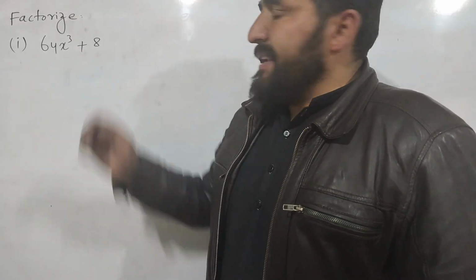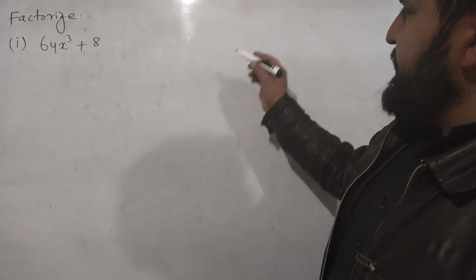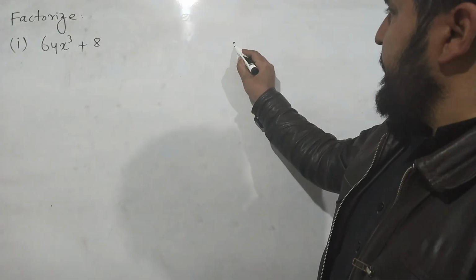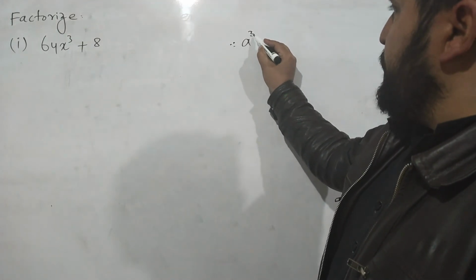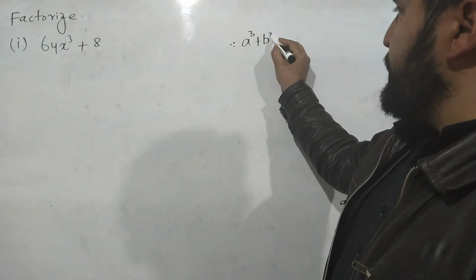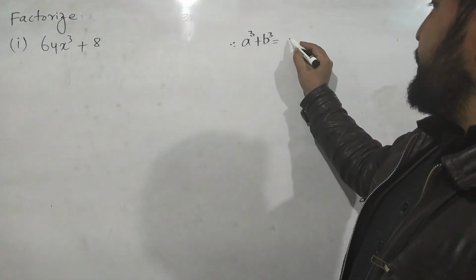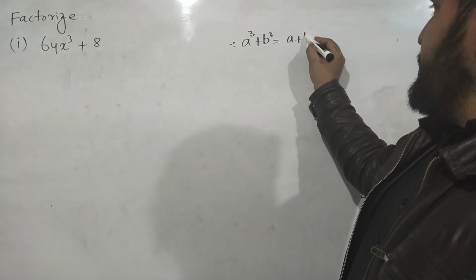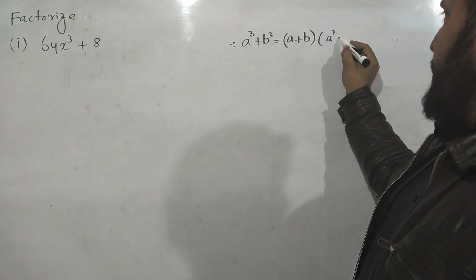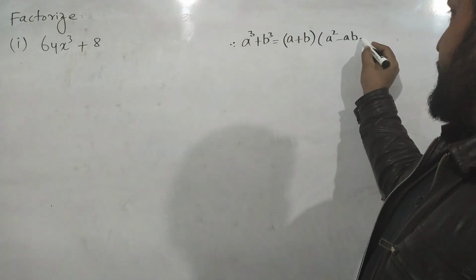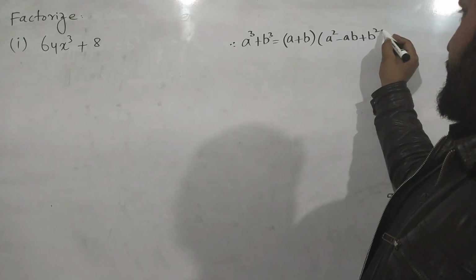Let's suppose now there is a question like this one: 64x cube plus 8. As we know, a cube plus b cube is equal to a plus b into a square minus ab plus b square.